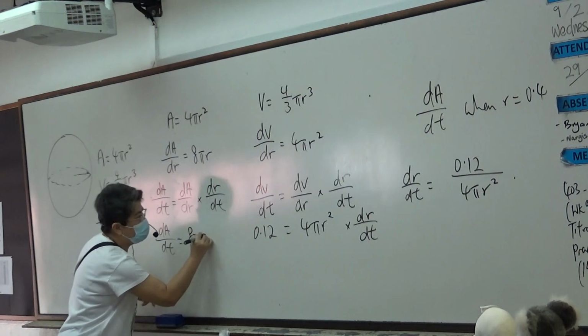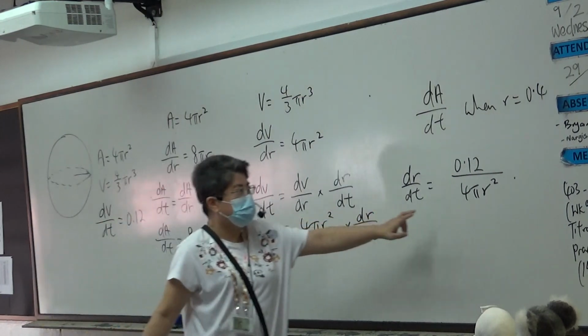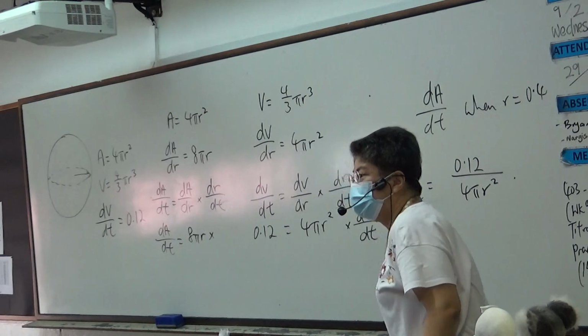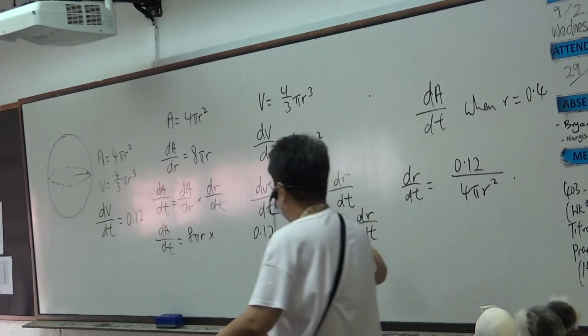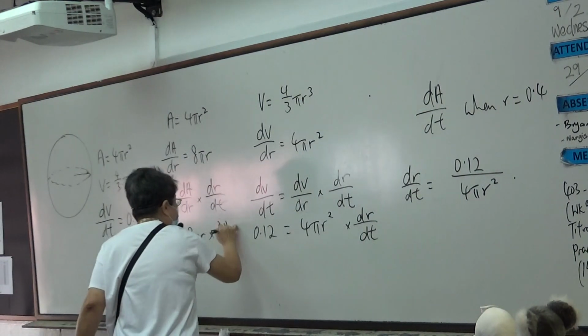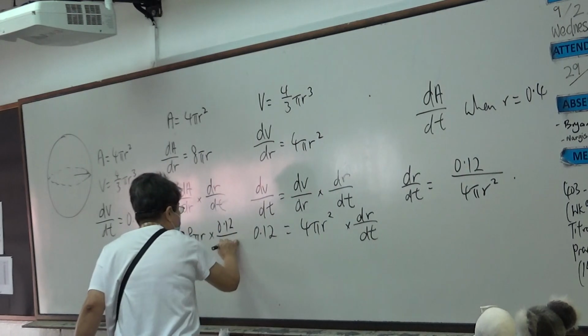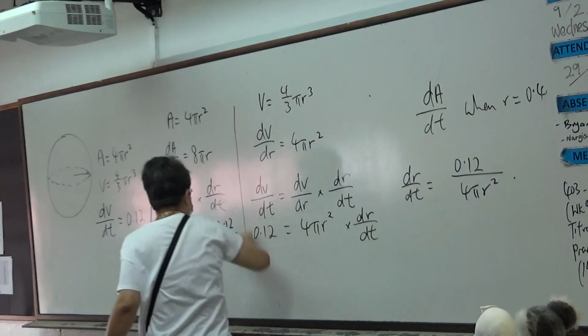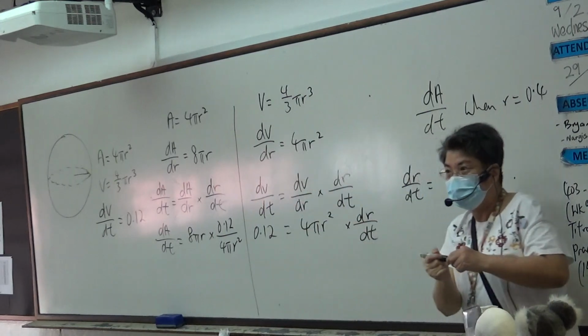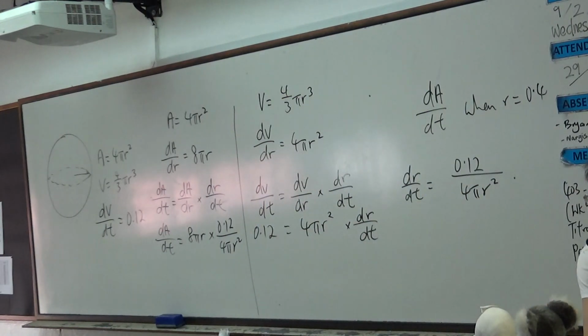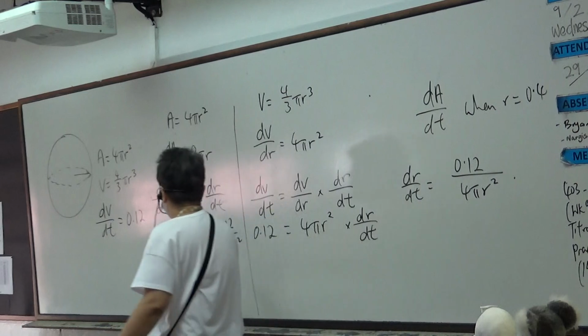8 pi r times dr/dt. Now, can you see down here, I already found dr/dt from this part. So I will sub in 0.12 over 4 pi r squared. Can you see this? Now I'm going to simplify.